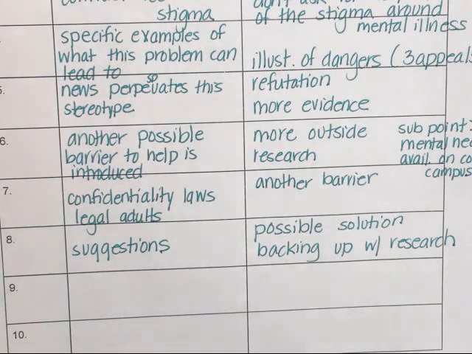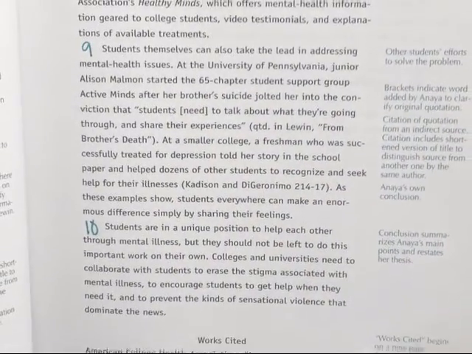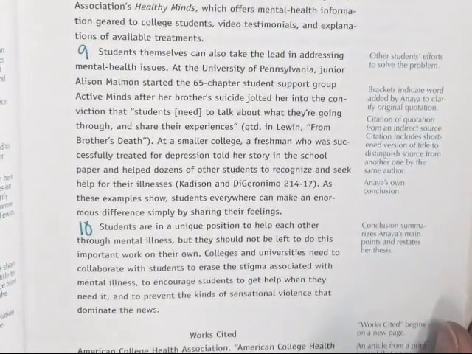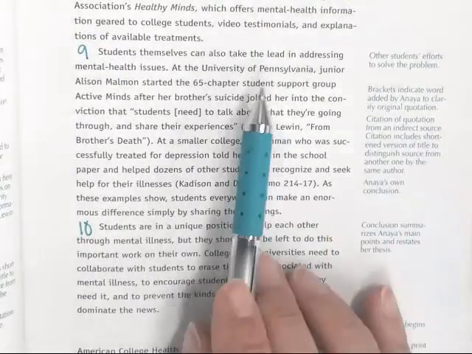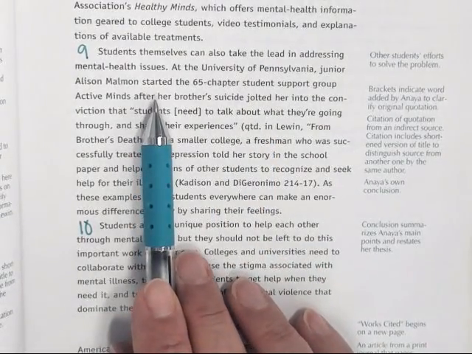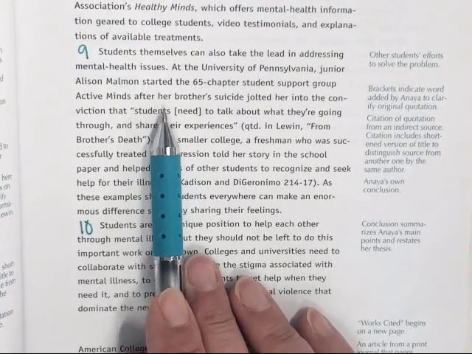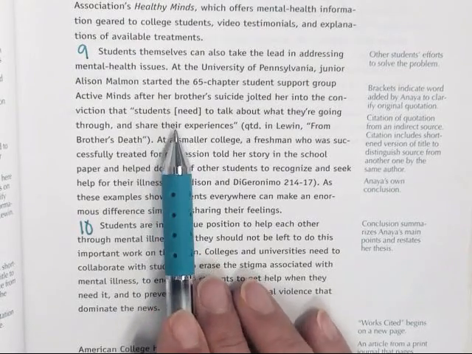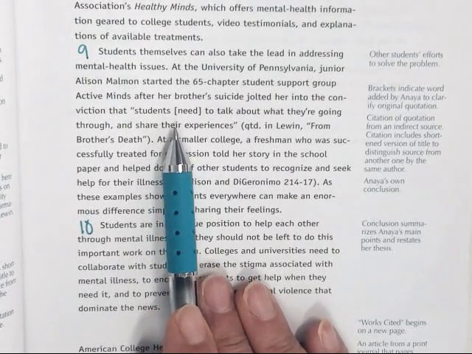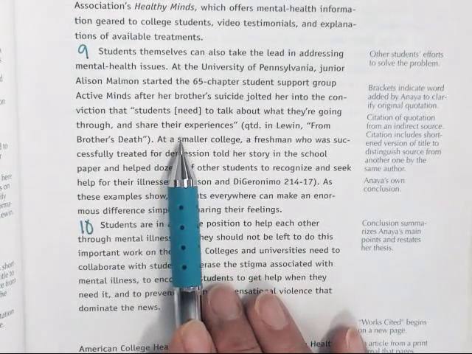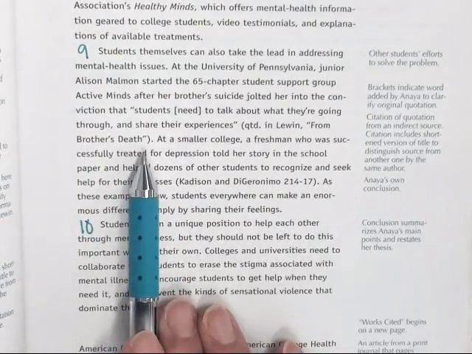All right, paragraph 9. Students themselves can also take the lead in addressing mental health issues. At the University of Pennsylvania, junior Allison Malman started the 64-chapter student support group Active Minds after her brother's suicide jolted her into the conviction that students need to talk about what they are going through and share their experiences. Quoted in Lewin from Brother's Death.